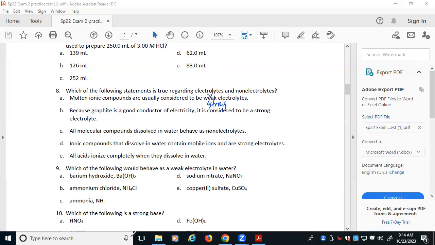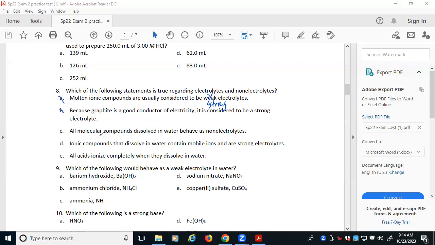Not a chance. So there's a difference there. Conductivity doesn't necessarily mean electrolyte. Same thing. Metal is a really good conductor, but metal doesn't dissolve in water. It might dissolve in acid, but it doesn't dissolve in water. So A and B both have issues.